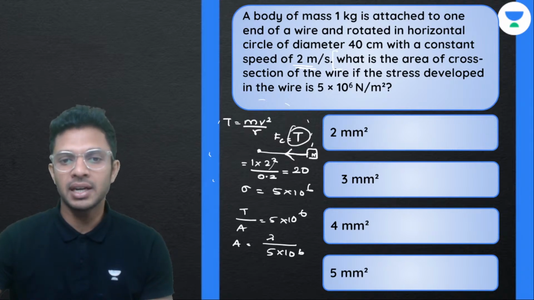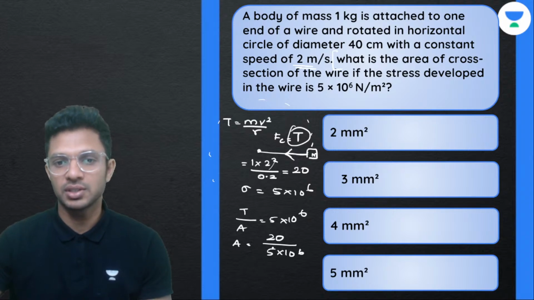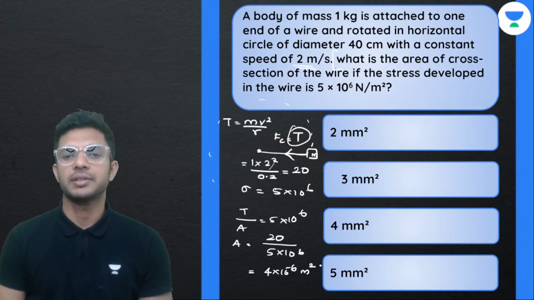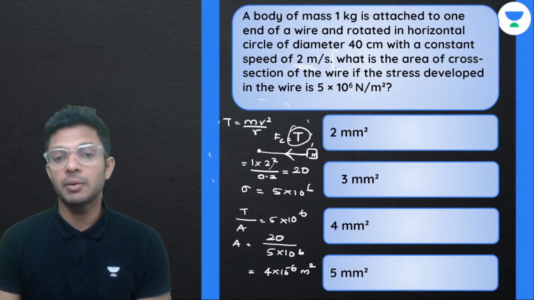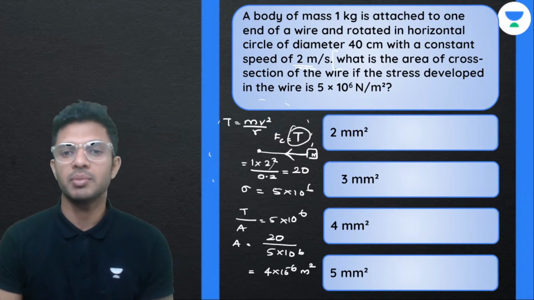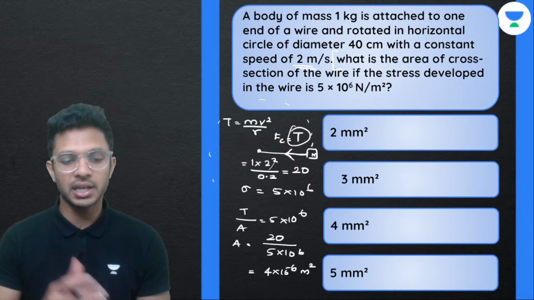We got the value of tension too, that is 20. So 20 divided by 5, that is 4 into 10 power minus 6 meter square. 10 power minus 6 meter square is 1 millimeter square. So it will be 4 millimeter square, converting meter square to millimeter square.